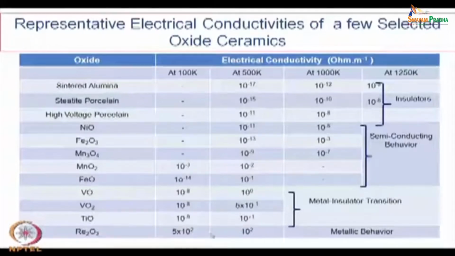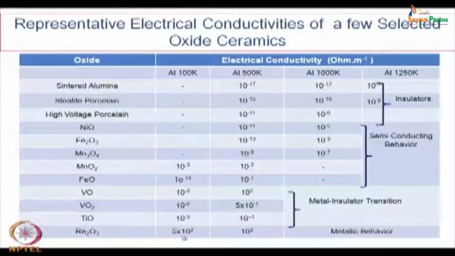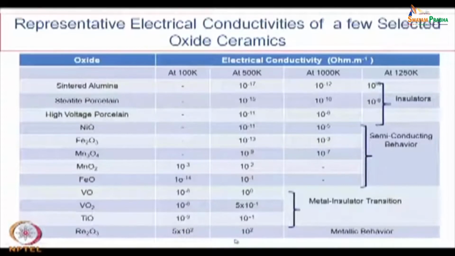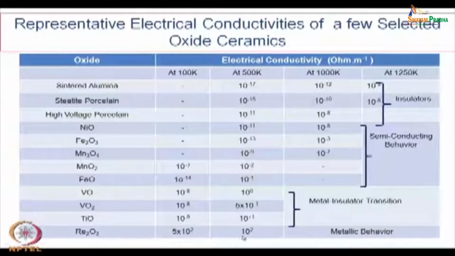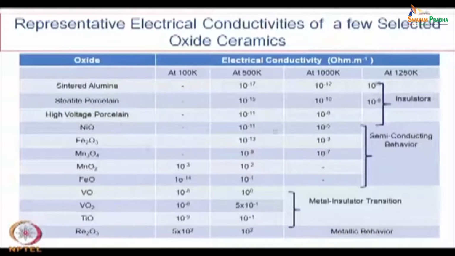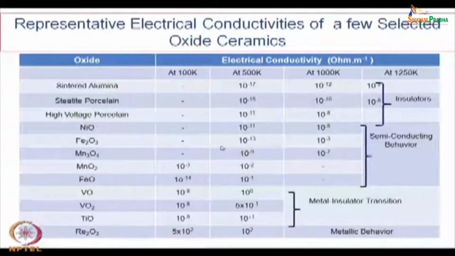If you look at the values here, you will find the conductivity slightly decreases when the temperature is increased. So, it is basically a metallic behavior kind of situation. Among all the different kinds of ceramic oxides, we find different properties, and obviously they are related to their structure, their defect structure, and also the basic conduction mechanism which is valid for them.